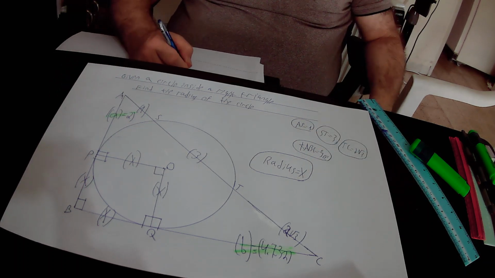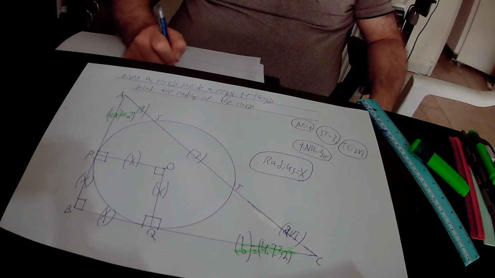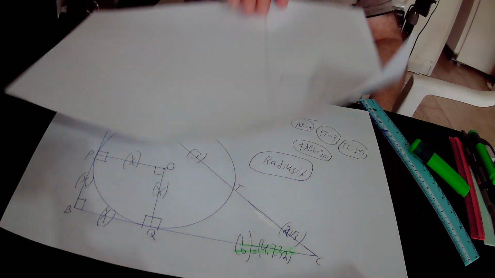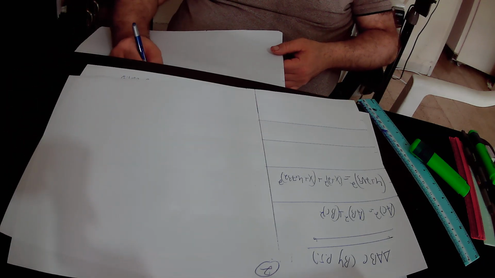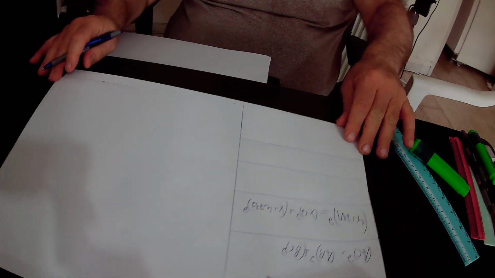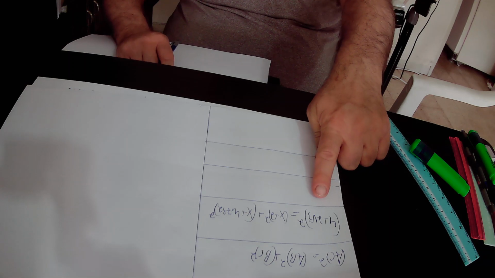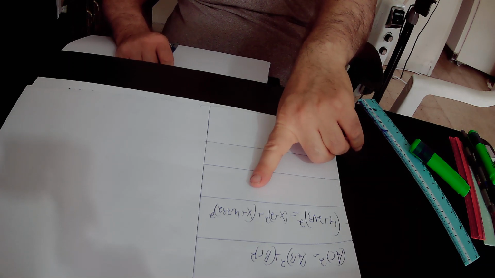Therefore BC square will be equal to (x plus 4.732) squared. In conclusion, we should find out that (4 plus 2 times root of 3) squared equals (x plus 2) squared plus (x plus 4.732) squared.